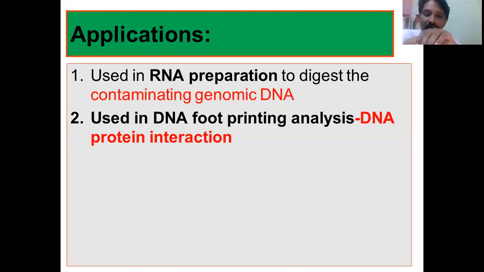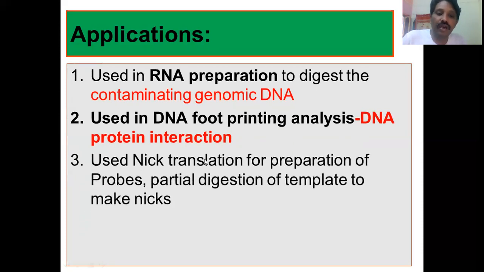So it indicates that the protected region has transcription factor binding sites. So this is used in DNA footprinting analysis or DNA protein interactions, especially transcription factors or other enzymes which bind to the DNA, right?